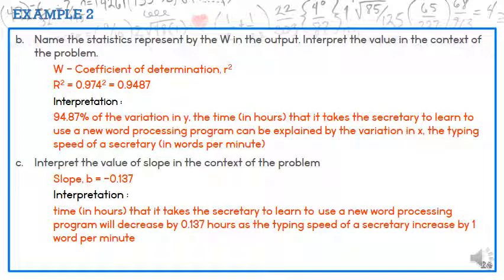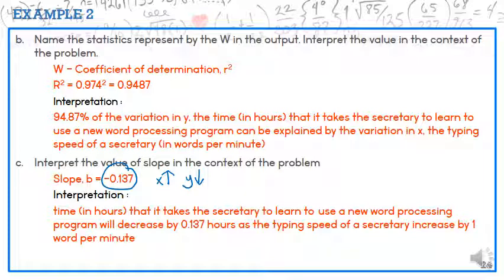Okay, so here the slope B you dapat negative, means that as X increases by 1 unit, Y will decrease by 0.137. Okay, so macam nak interpret? Time in hours that it takes for the secretary to learn to use the new processing program will decrease by 0.137 hours as the typing speed of a secretary increase by 1 word per minute.